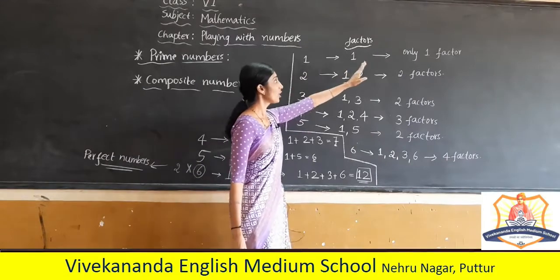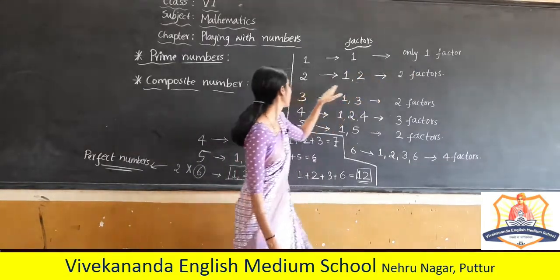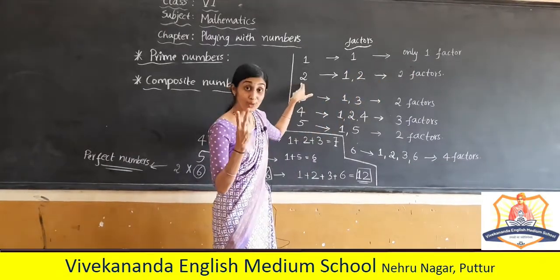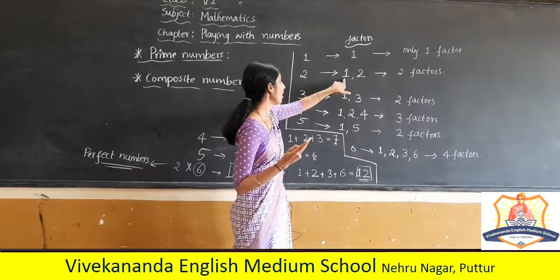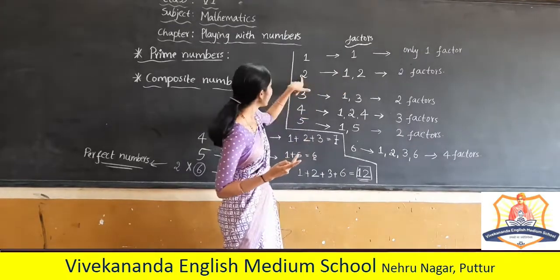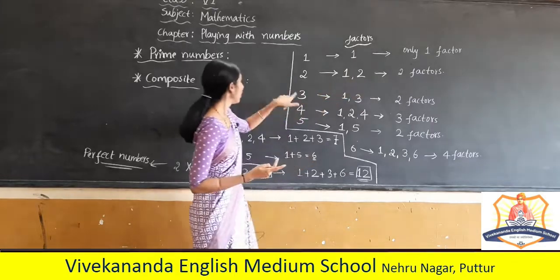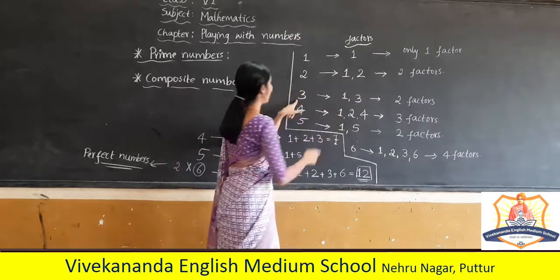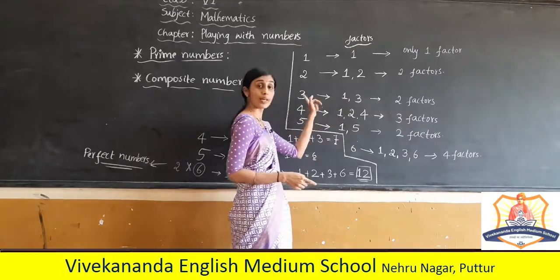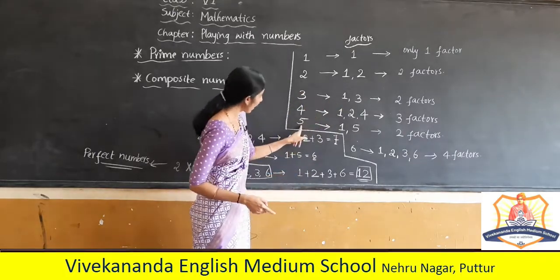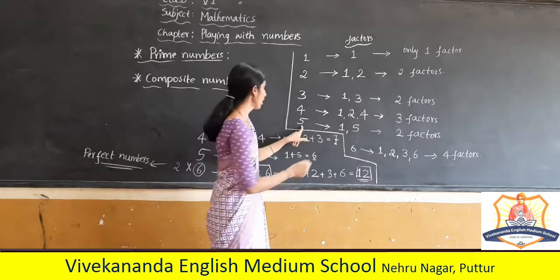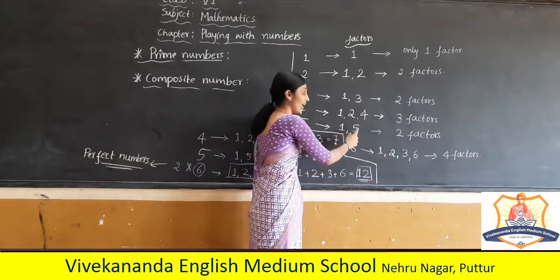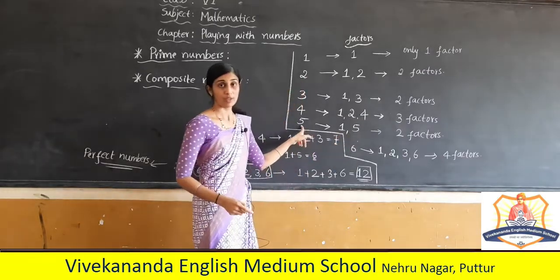1 has only 1 factor. 2 has 2 factors, they are 1 and the number itself. 3 has 2 factors, that too 1 and the number itself. 5 has 2 factors, they are 1 and the number itself.